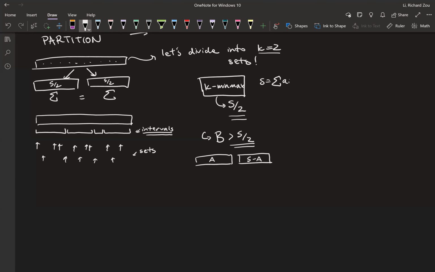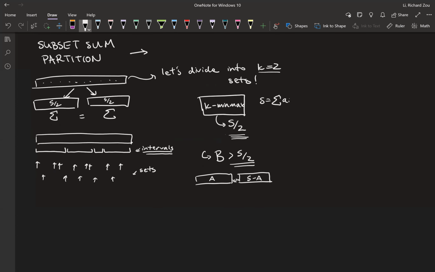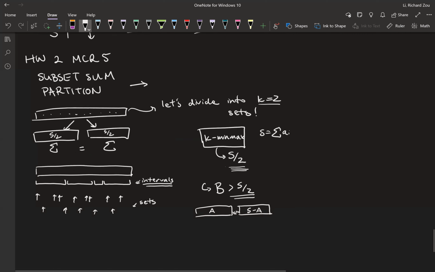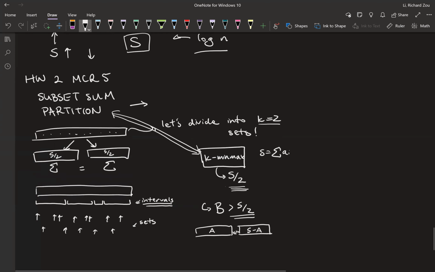This just means it's impossible to form a set of size s over 2, which means it's impossible for these two sets to have equal size, and so partition must be impossible here. So these two problems are equivalent. There's a reduction between them. And of course, partition is NP complete. So this just means that we can form a polynomial time solution for SAT.